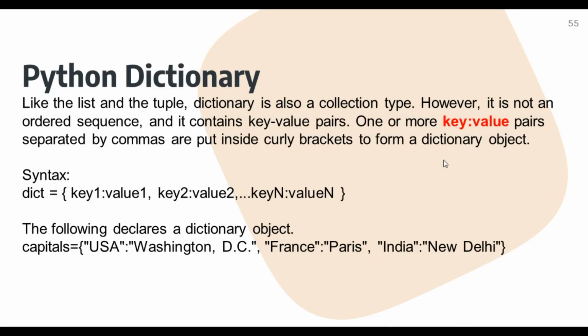Now we will consider the dictionary. A dictionary is a special type of data type which works on the basis of key and value pairs. Like the list and tuple, a dictionary is also a type of collection. It contains a number of data types in the form of values, but it is not in order or sequence.